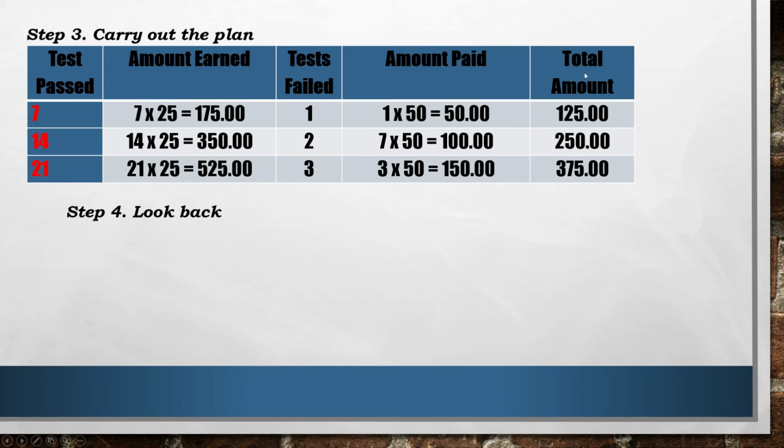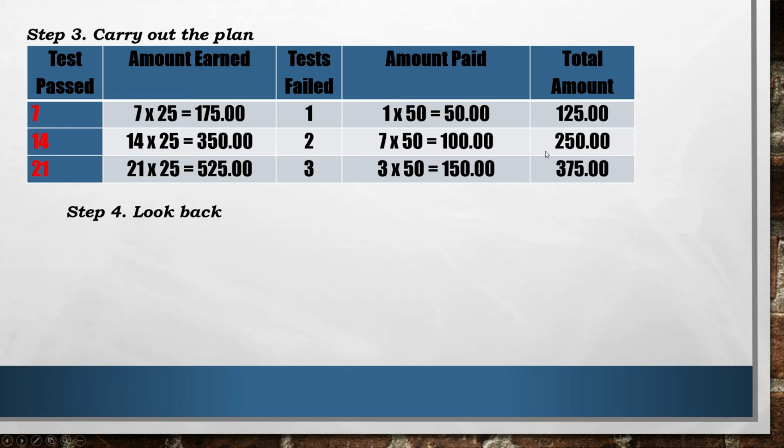So the total amount is 125 because 175 minus 50. Next, if she passes 14 exams, 14 times 25 is 350. And if she fails 2, that would be 2 times 50, which is 100.